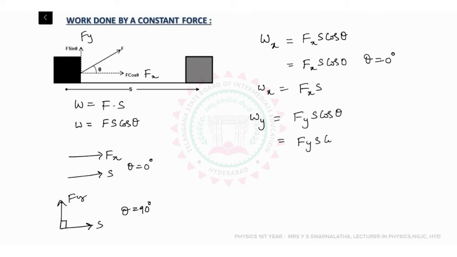So theta is 90 degrees. So cos 90. Cos 90 ఎంత 0. So Wy is equal to ఏమవుతుంది Fy S into 0. So Wy is equal to 0.